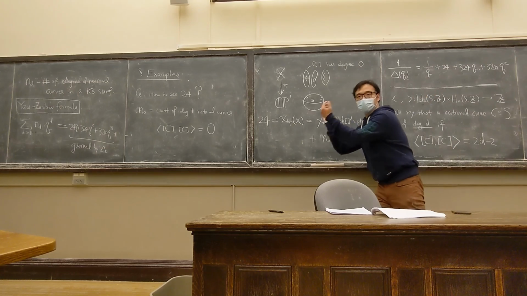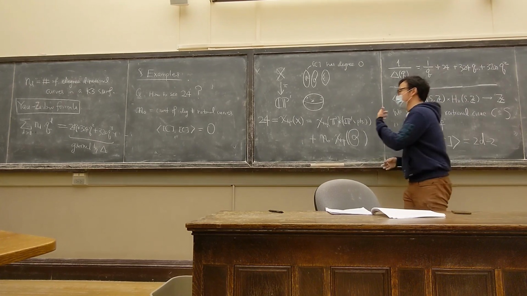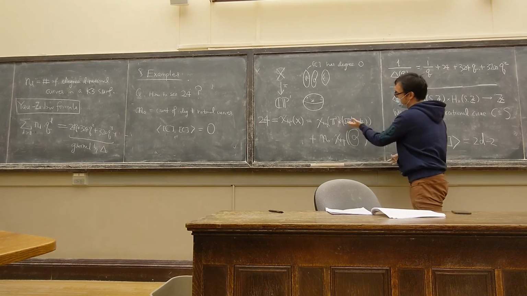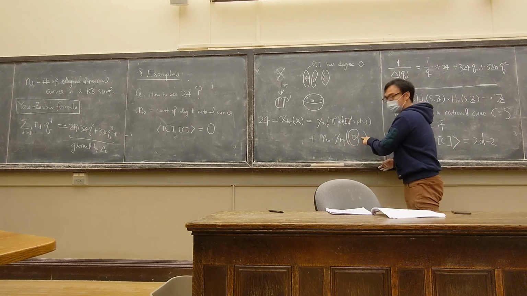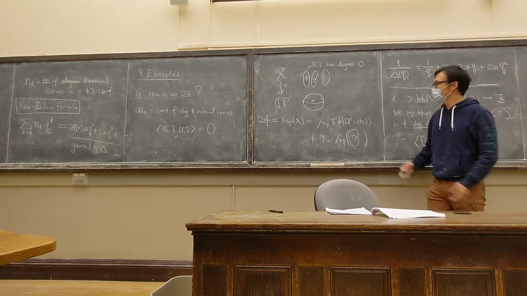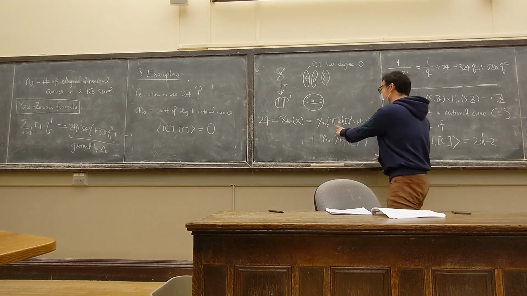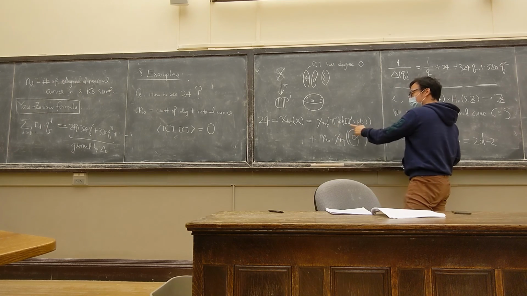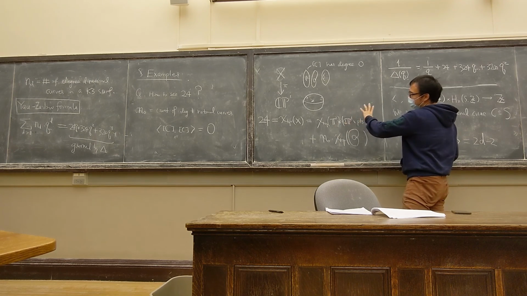So the total Euler characteristic contribution can be detected. This is the general contribution, and then the contribution of the most degenerate ones. You don't know how many points you remove here, so we don't understand this part.